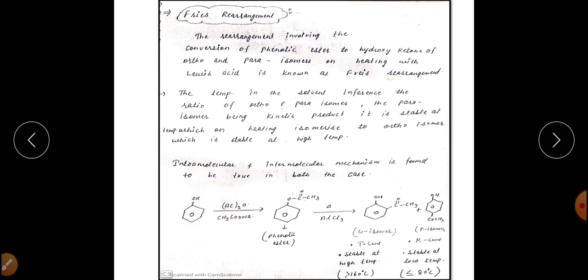First of all, phenol is allowed to react with acetic anhydride in presence of sodium acetate, and this phenol will get converted into the phenolic ester, and this phenolic ester on further reaction with AlCl3, that is the Lewis acid, will get converted into the ortho or the para isomer.